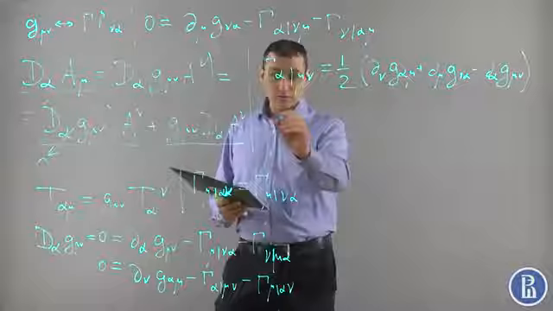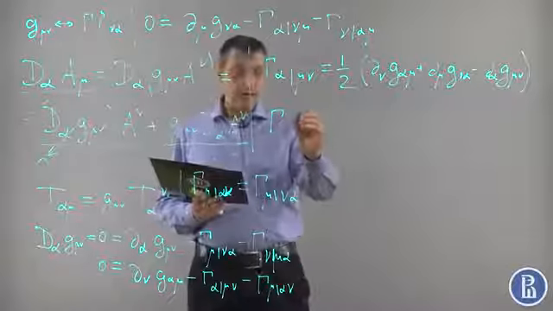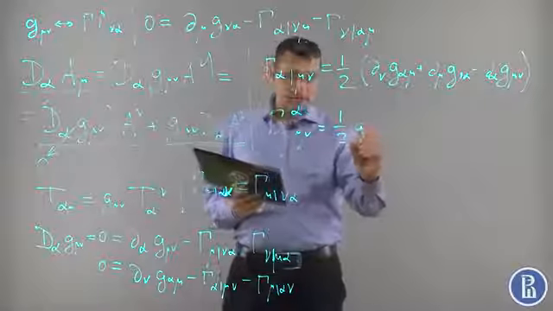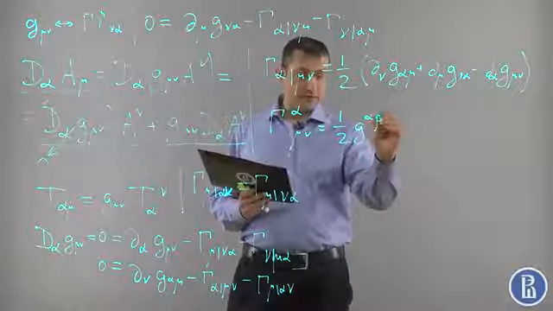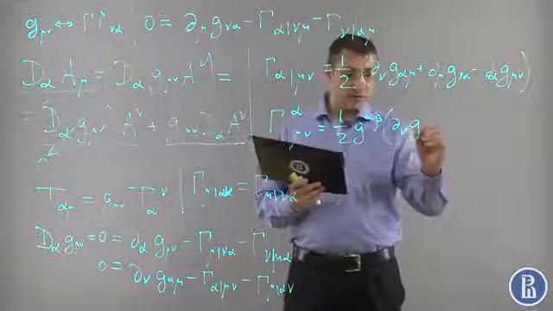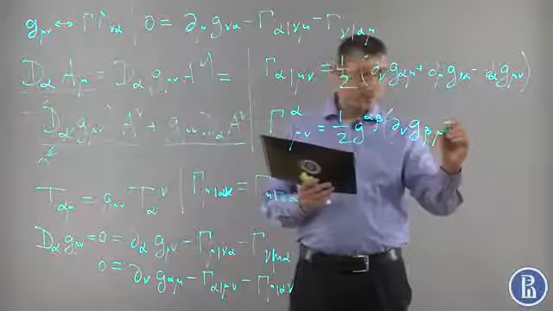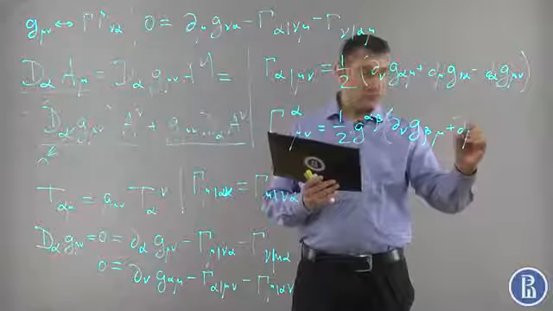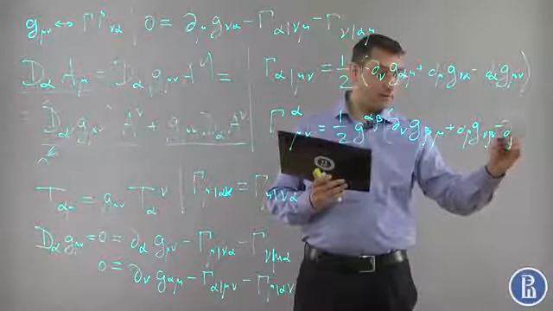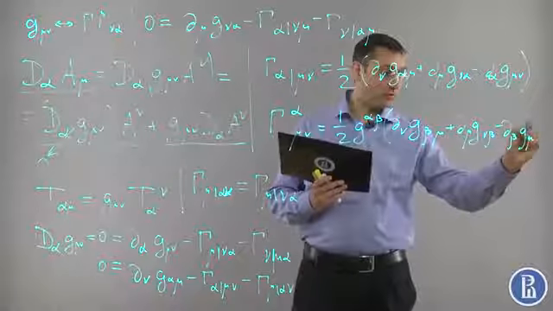Or gamma with upper index alpha mu nu is just 1/2 g alpha beta times d nu g beta mu plus d mu g nu beta minus d beta g mu nu.